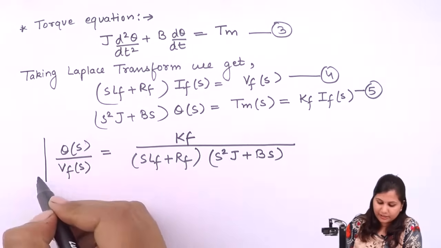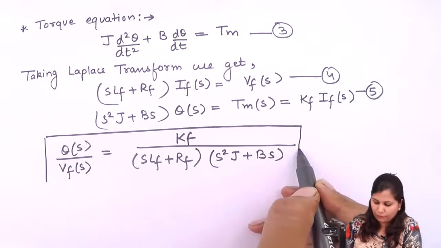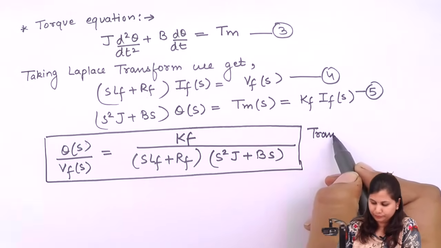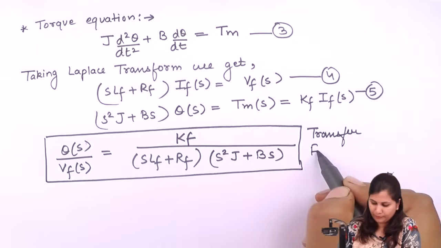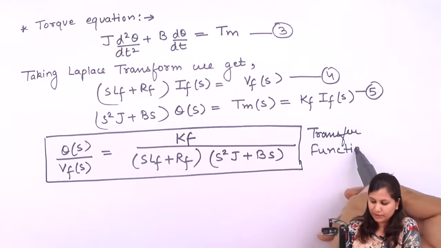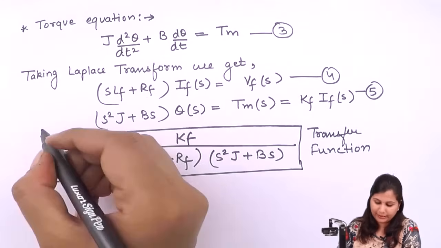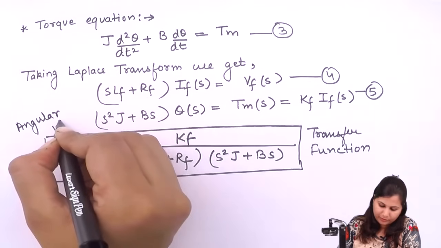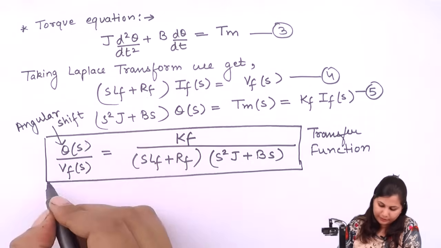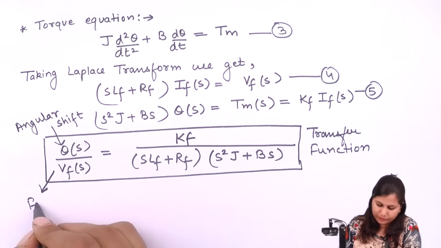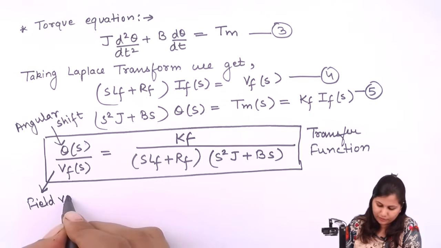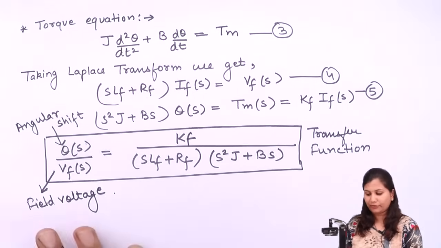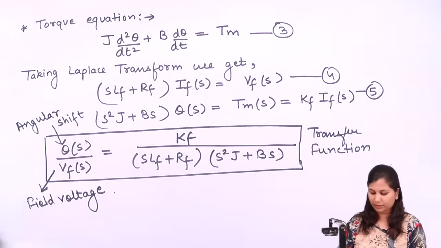So this is the transfer function of the field controlled DC servo motor, because it is the ratio of the Laplace transform of the output, that is the angular shift of the motor shaft, and the Laplace transform of the input, that is the field voltage.